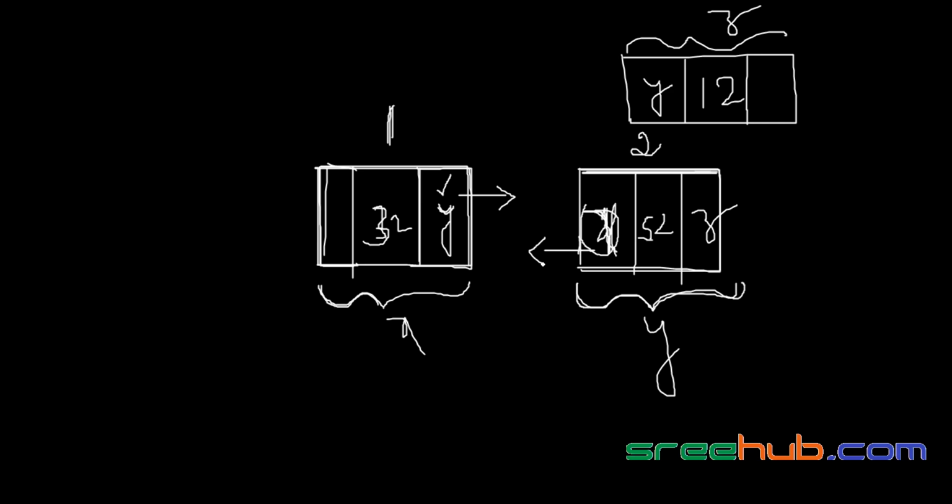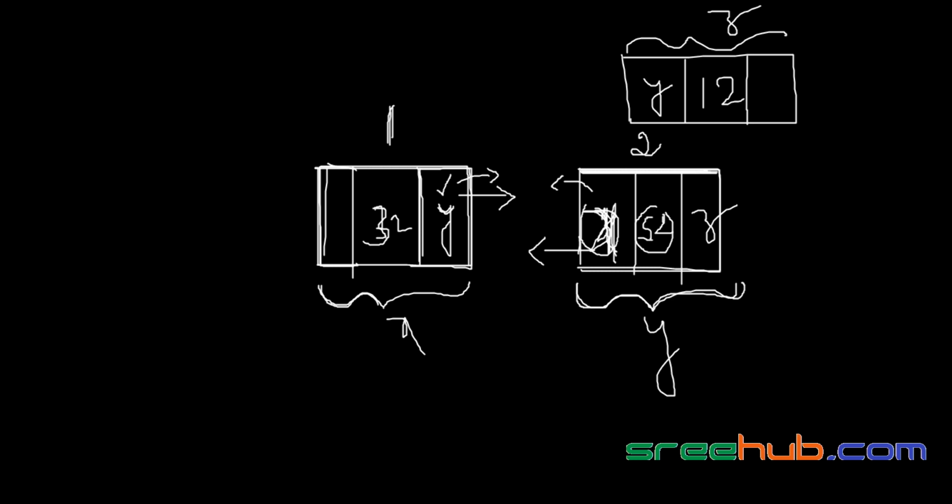Forget about the third node here. I have X here and I have Y here, which means my second item pertaining to 32 is 52, and with respect to 52, my previous item is my 32. This location will give you the location of the next one, and the left location will give you the location of the previous one. Now let's extend this.